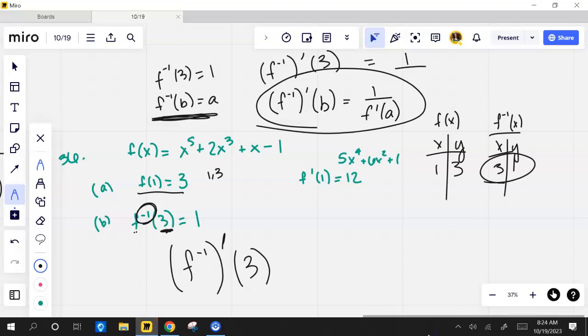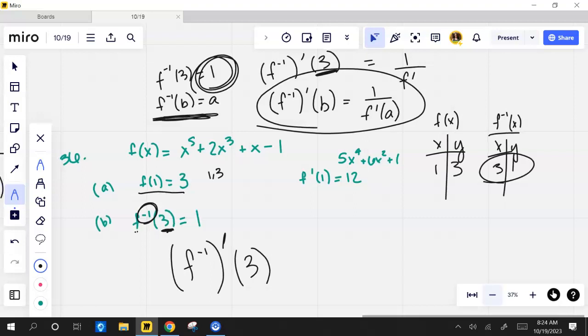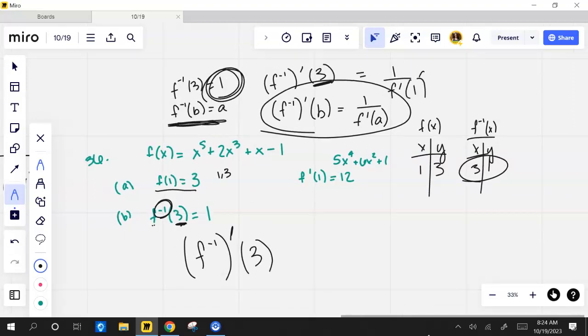Right, so you do 1 over f prime. Well, if 3 is b, what is a? Well, I come back to this first one. A was 1. And we just did f prime of 1 in this part, so it's 1 over 12.